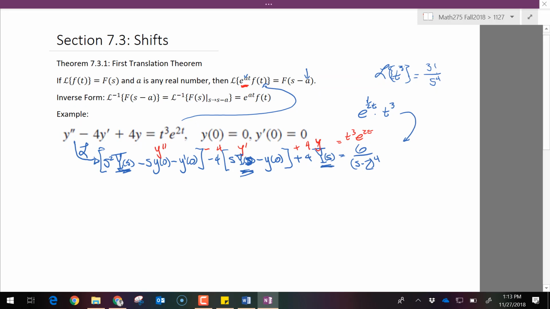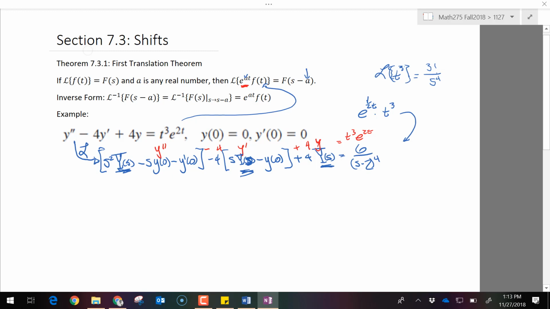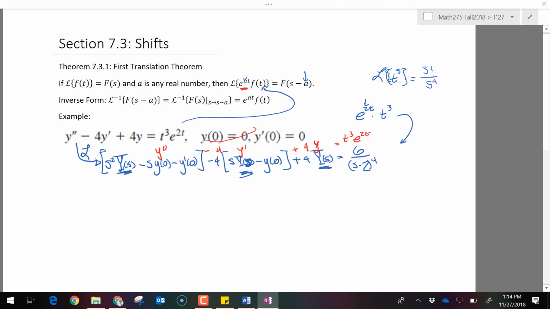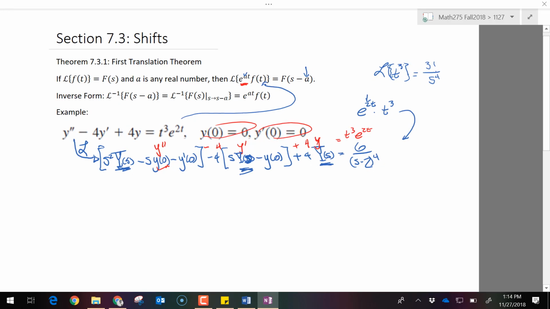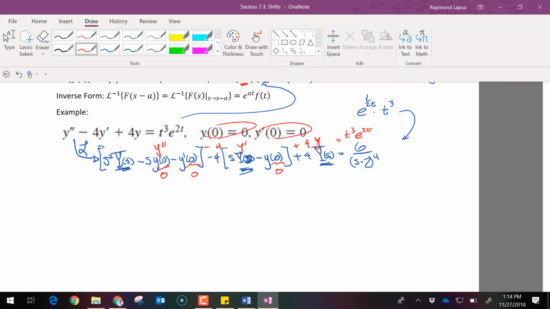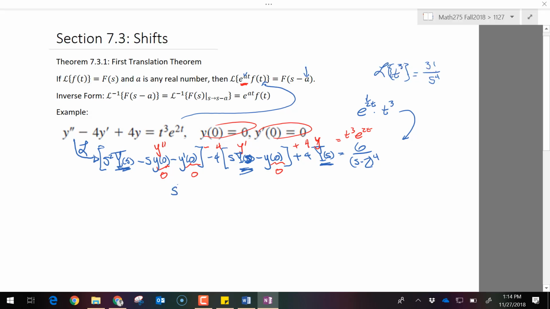We also know from the real world that we have some zeros going on here. That's nice. They're both equal to 0. So that's all gone. And so all we have left is s squared capital Y of s plus 4s Y of s plus 4 Y of s is equal to 6 over s minus 2 to the fourth.